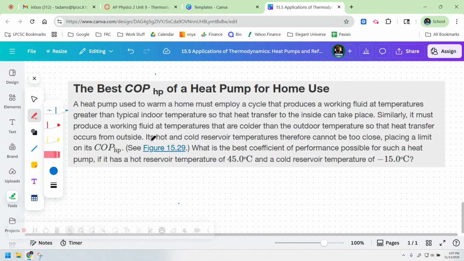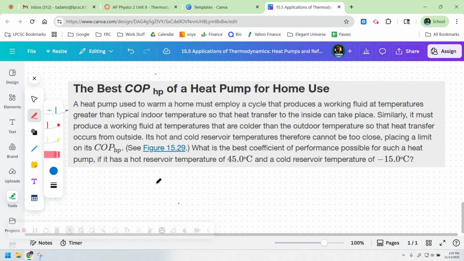And heat pumps are really nice because you're basically pumping heat out of the room. A heat pump is used to warm a house. You can pump heat into the house, or you could pump heat out of the house. It's just a reversal of the process.